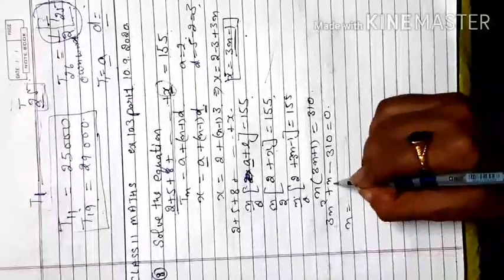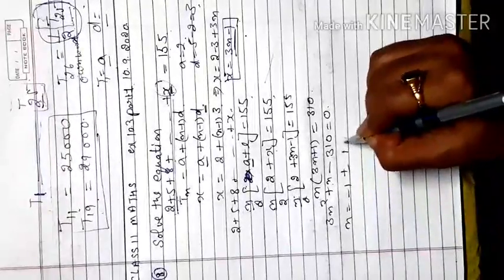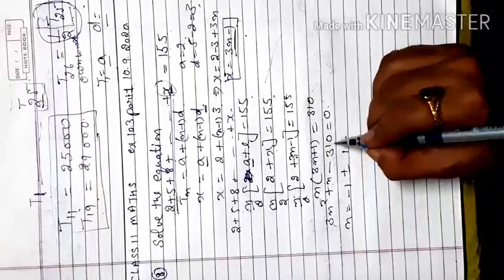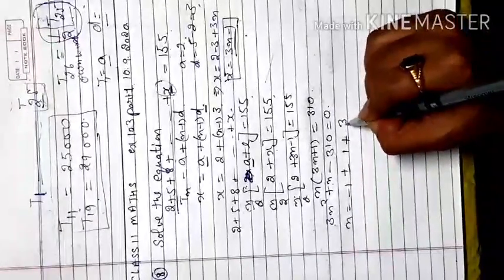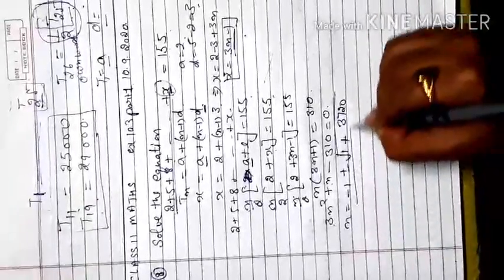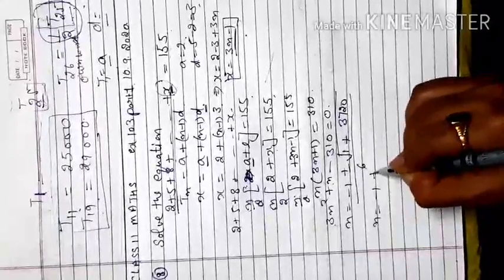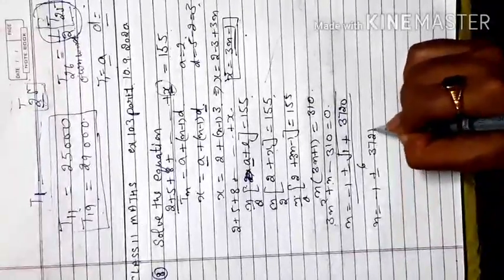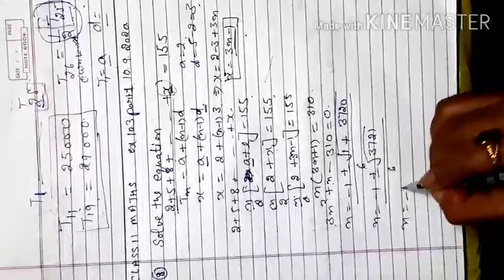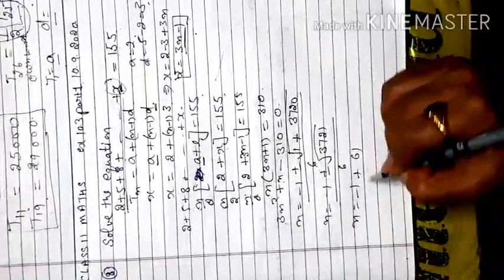So n is equal to (-1 ± √(1² + 4 × 3 × 310)) / (2 × 3). That becomes 1 + 3720 = 3721 under the root, and the denominator is 6, since 2 into 3 is 6. Then -1 ± the square root of 3721, which is 61, so (-1 + 61) / 6.